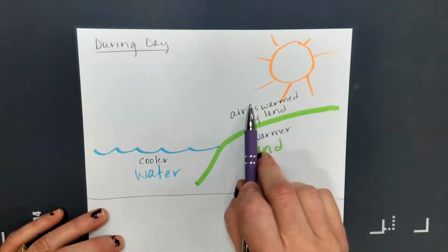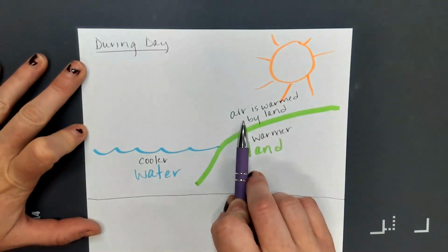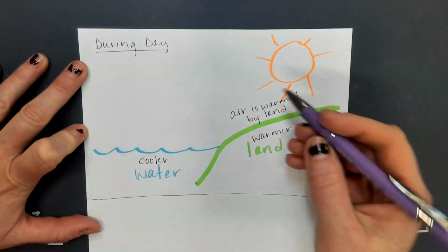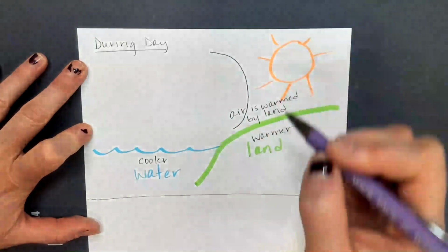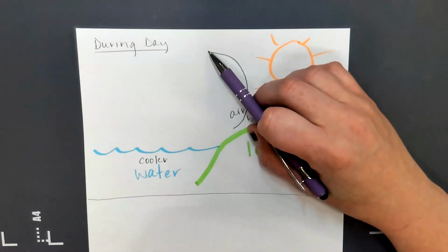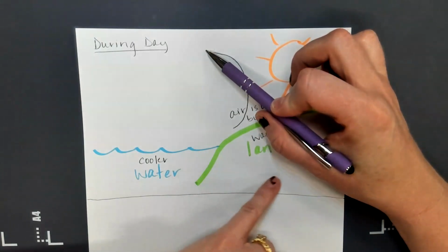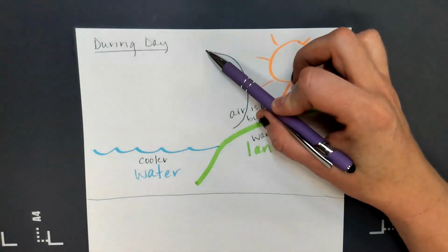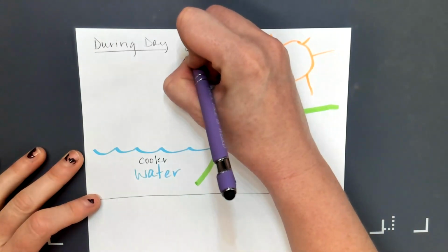And when air is warmer, what does it do? It gets less dense, so it rises. Very good. So this air is going to start to rise. Now, the farther away it gets from the land, it cools off, right? Because it's no longer by its source of heat anymore. So your air cools when it is away from the land.